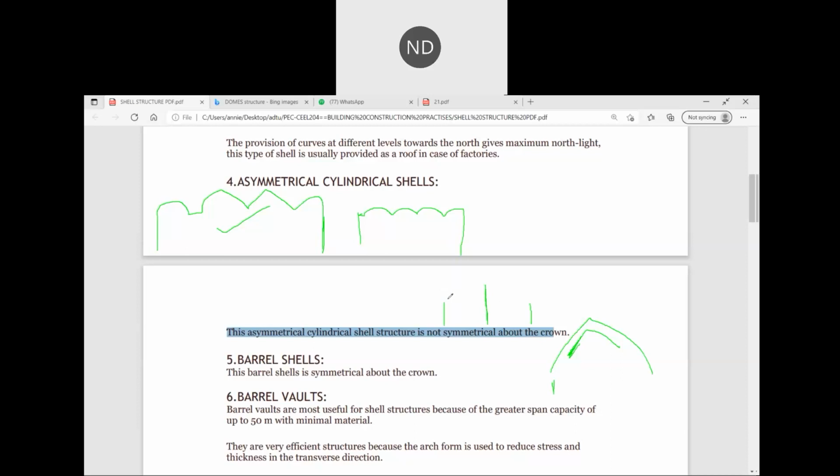So it is bulging here at the center. This bulging out can be like this also, like this also; that which is bulging at the center is your barrel shell. Your shell structure can have different names. Barrel shell.